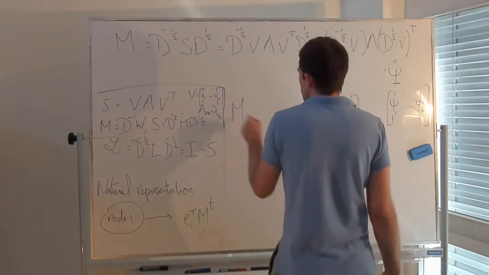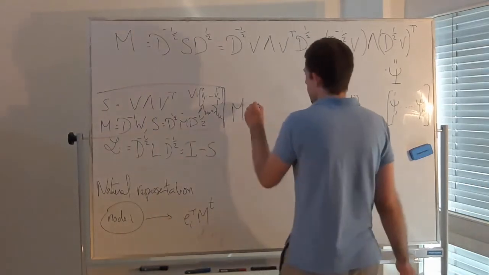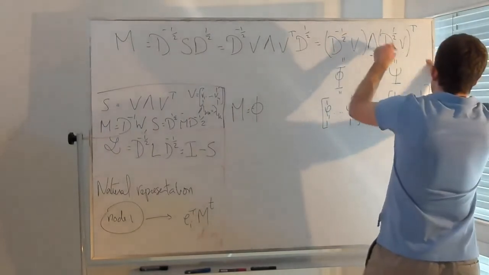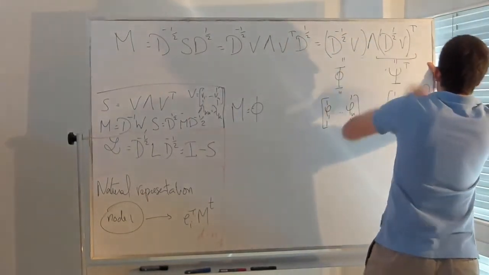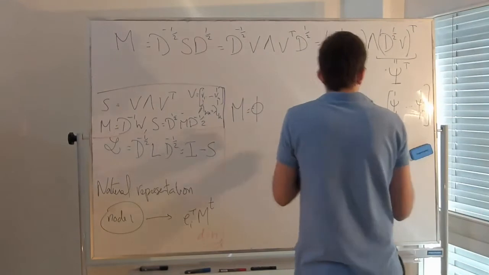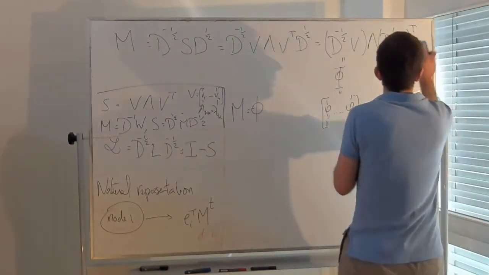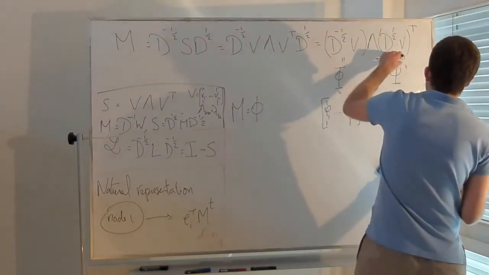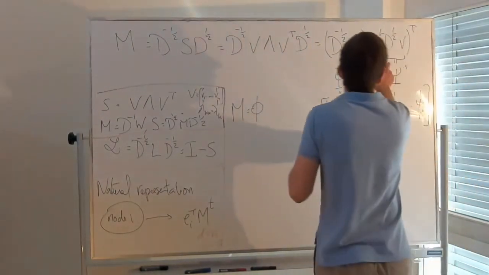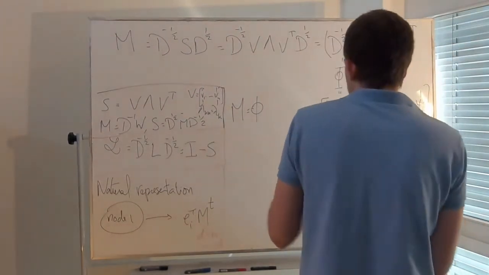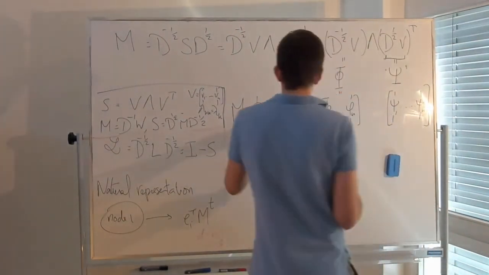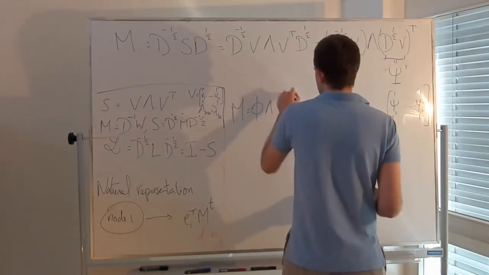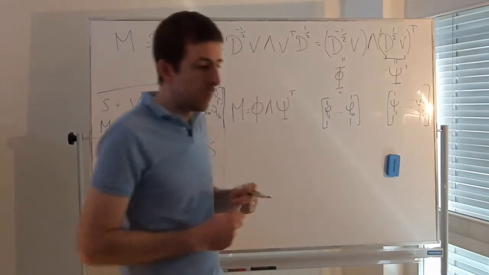So we have that M is equal to phi, times the matrix of eigenvalues, times psi transpose.